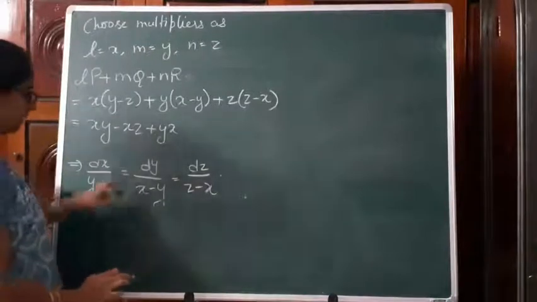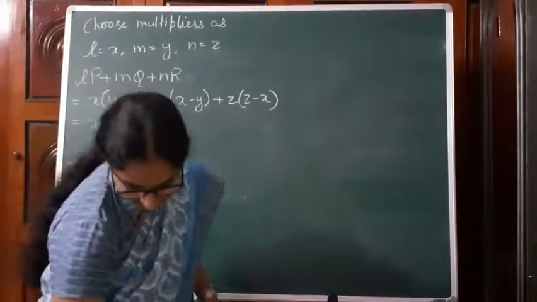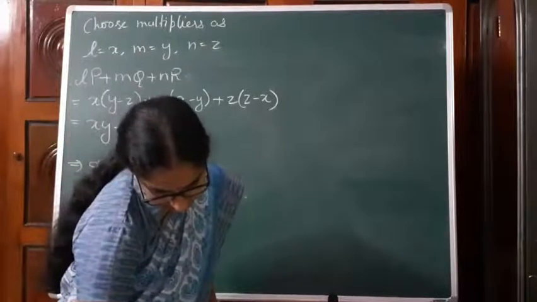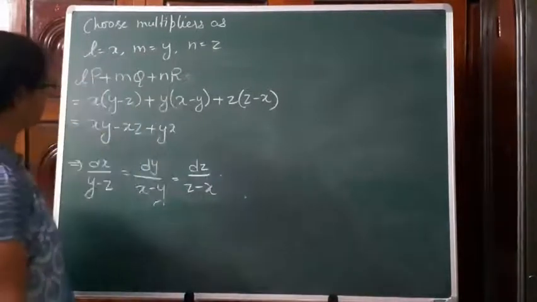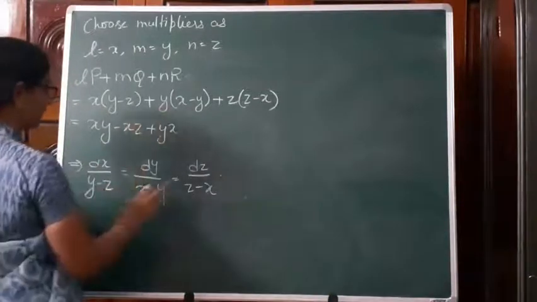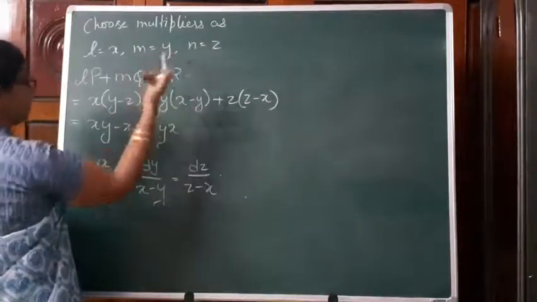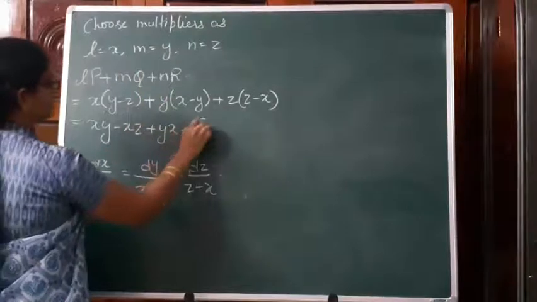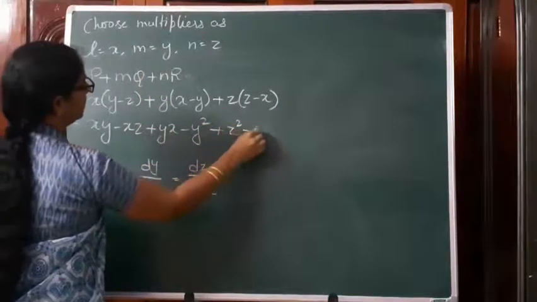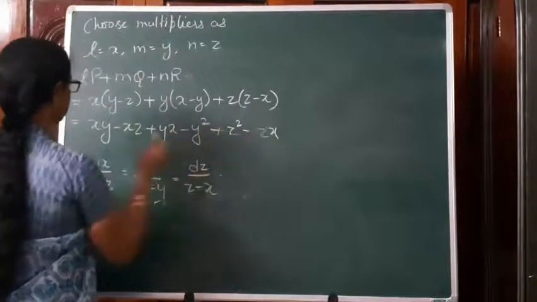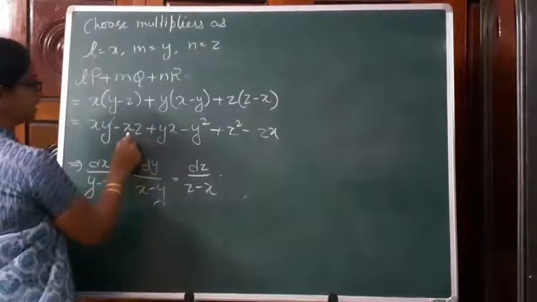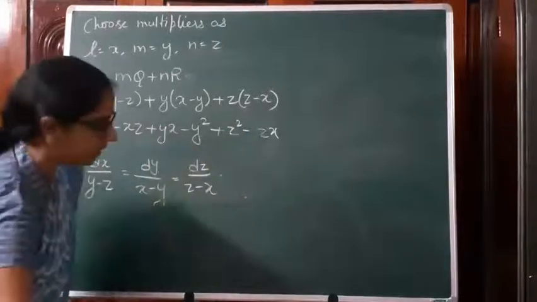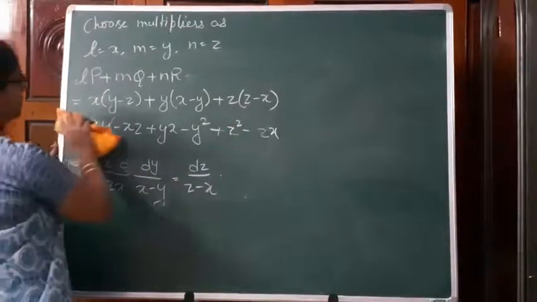Did I write correctly? dy by x minus y. Yes, dy by x minus y. So if we choose m as y here, we cannot cancel this z square minus zx. Of course, xy is not cancelled. Minus xz is not cancelled. So we failed here with this set of multipliers.